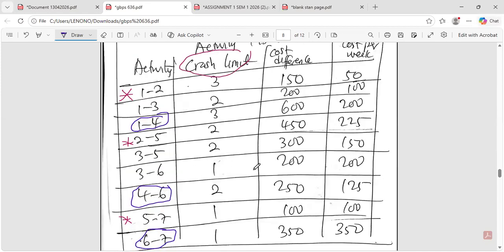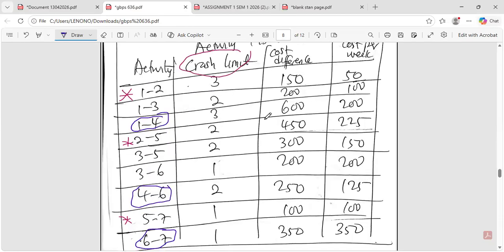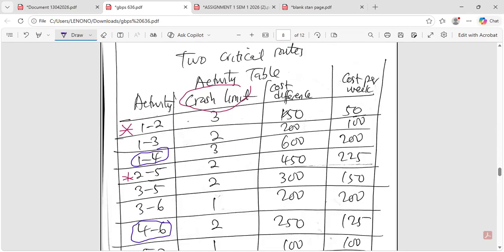So you check the one that has the least cost per day. The cost per day is just dividing the cost difference by the crash limit. So this one is dividing by 3, this one by 2, dividing those to get the cost per week.